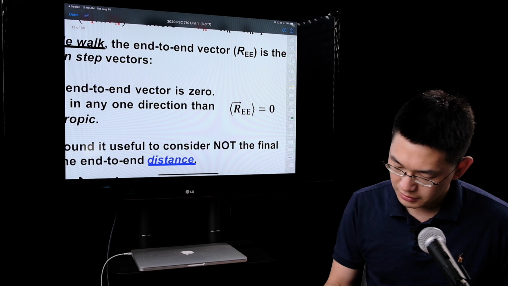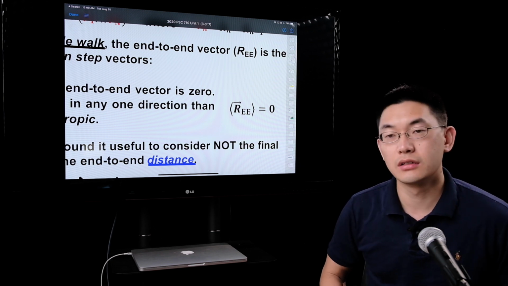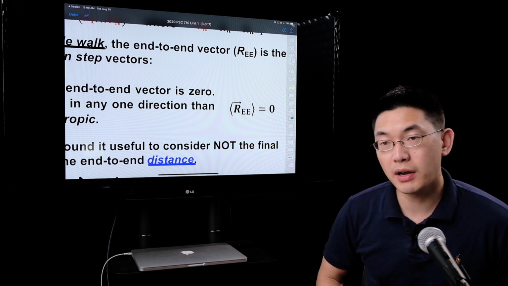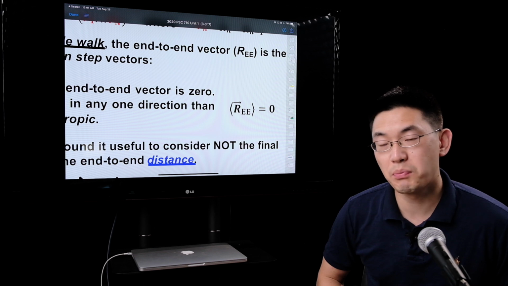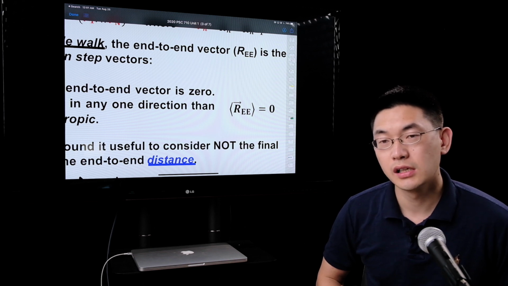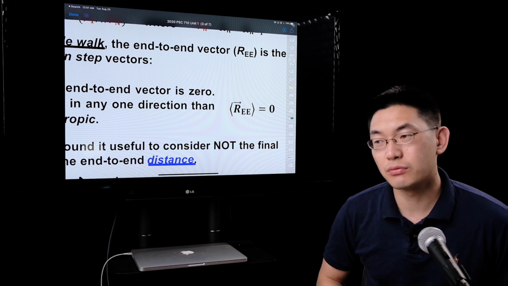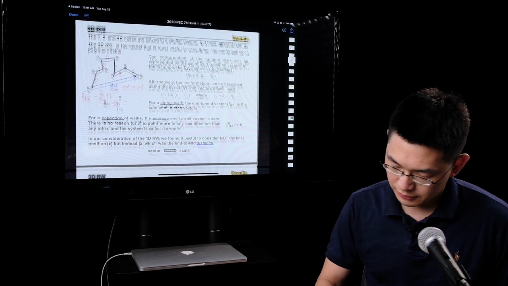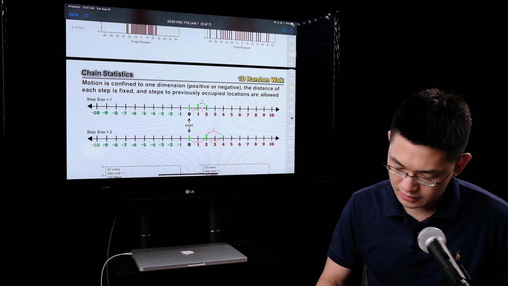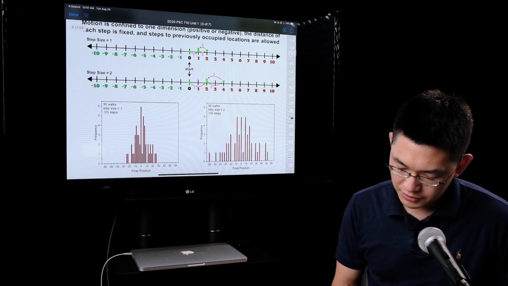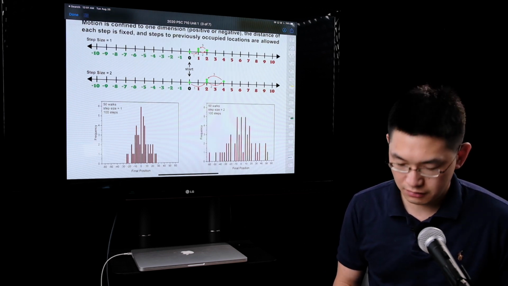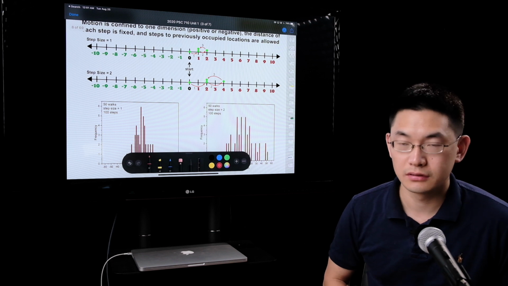So as we know, the average of the vector, if it's a random walk, means the vector can point in every single direction. And because of the random walk, the average value of all the data, for example in this slide, will end at 0, right?